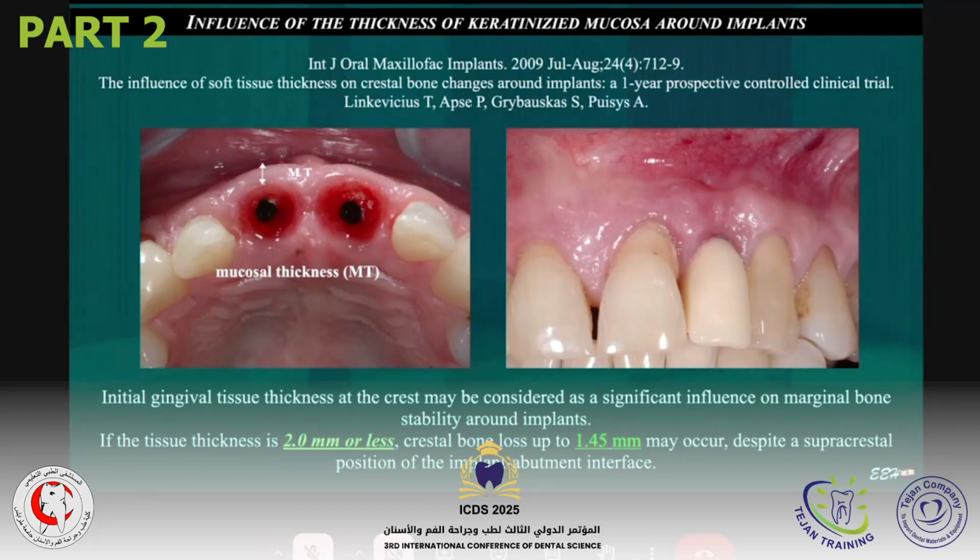So you can think about how important the quantity, the thickness and the height of the mucosal thickness around the implant is.